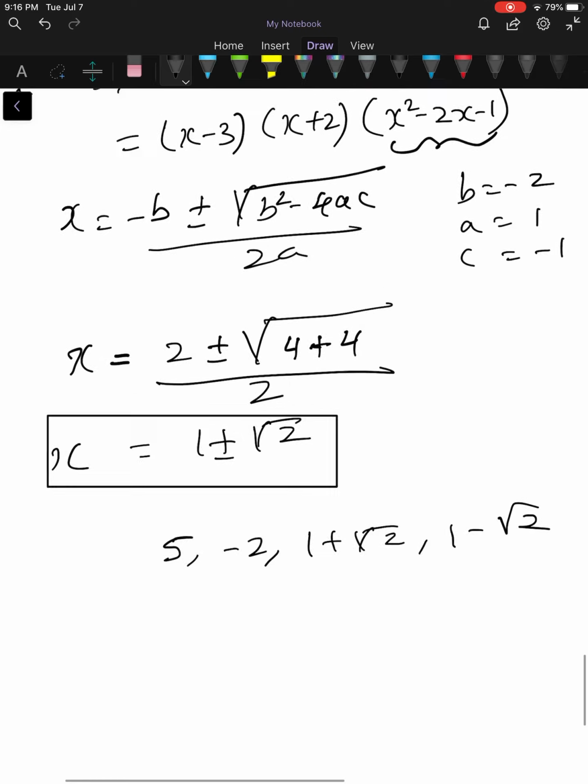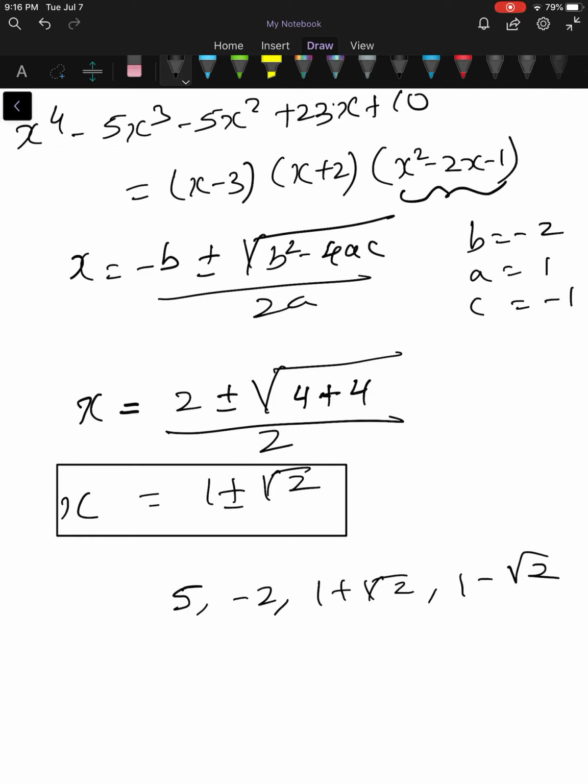So this would be the end of section 3.4, because I haven't assigned homework problems from the rest of the section. It's enough if you know this one to learn about rational functions. That is section 3.5, rational functions.